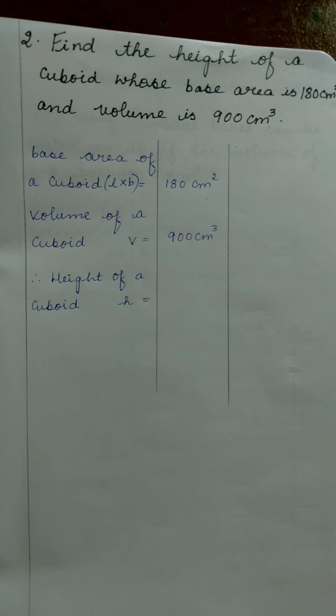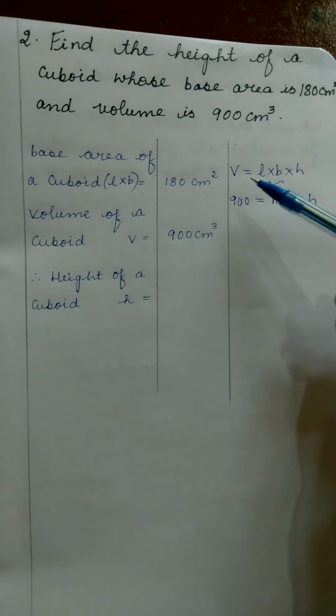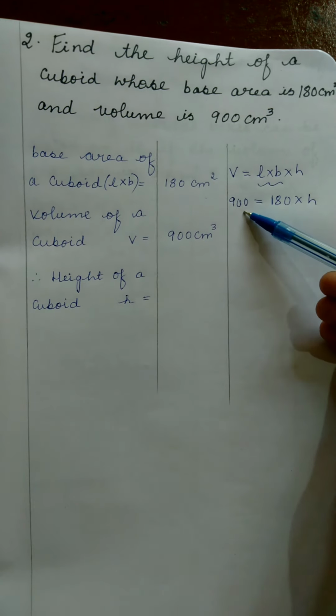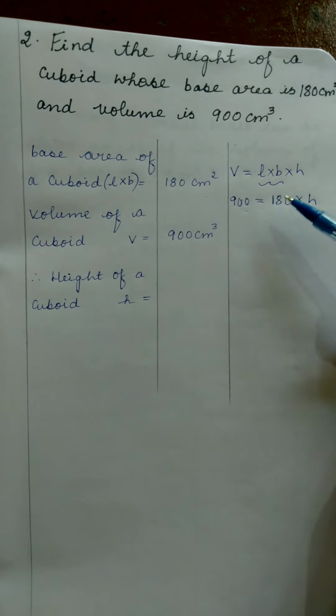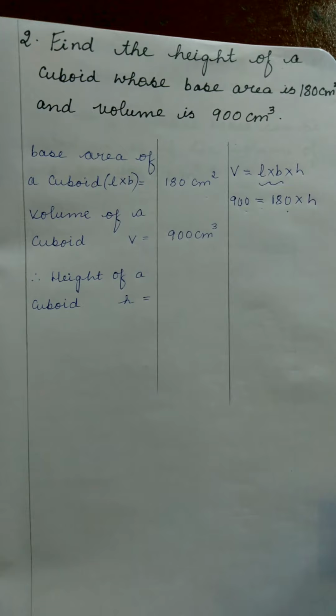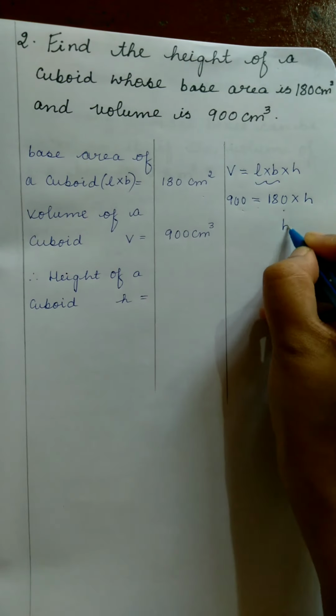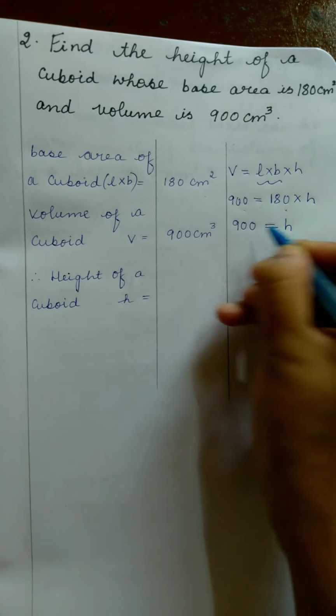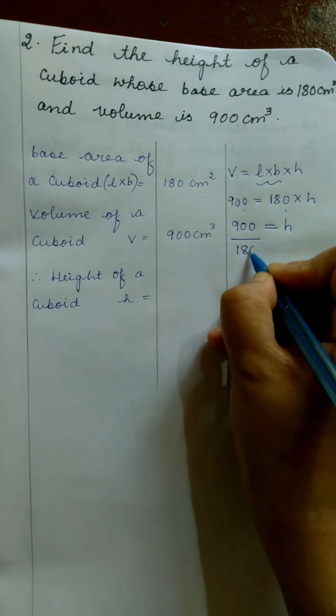To find the height of a cuboid, we have the formula for the cuboid, that is L into B into H. So the formula V equal to L into B into H, substitute the values. Volume is equal to 900, into together length and breadth, that is the base area, will be equal to 180 into H. So we need to find out the value of H, that will be equal to 900 divided by 180.